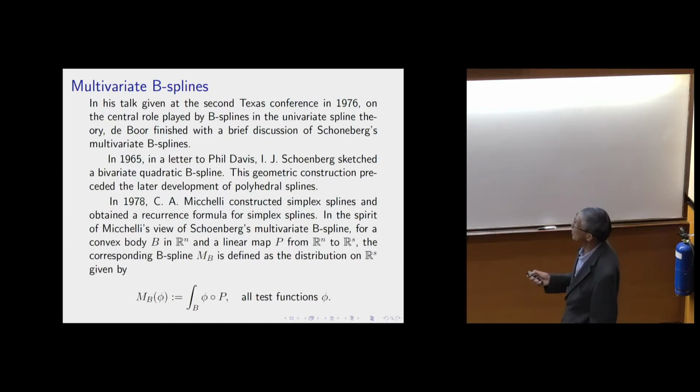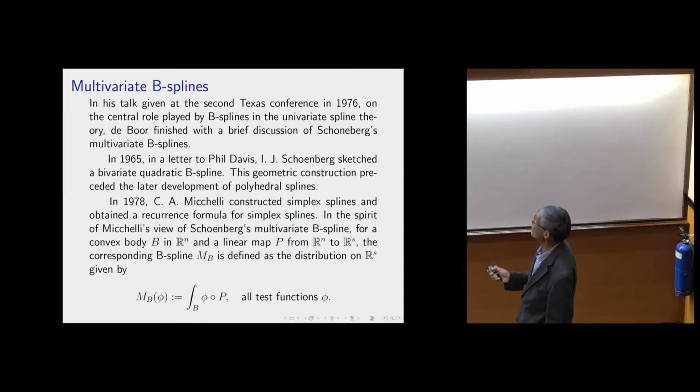In 1978, Micchelli constructed simplex splines and obtained a recurrence formula. From Micchelli's view of Schoenberg's multivariate B-spline, suppose we have a convex body B in R^n and a linear map P. Then we can define N_B, the multivariate B-spline associated with this convex body B, as a distribution.